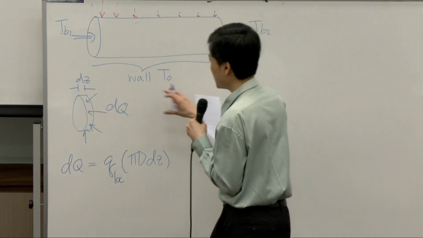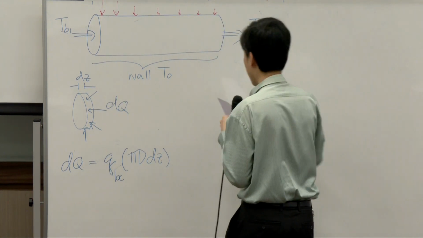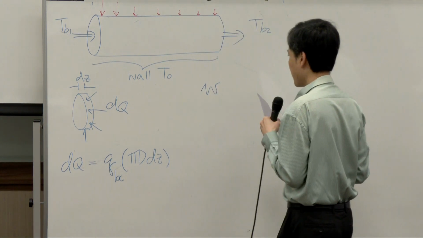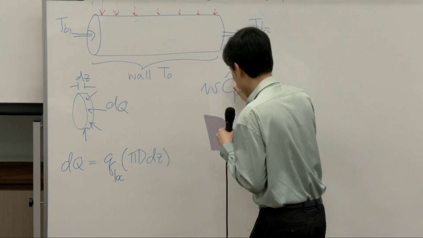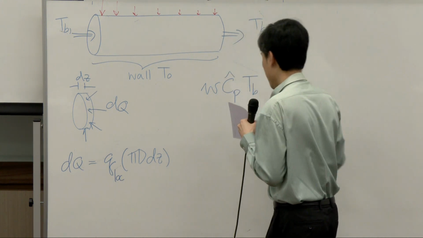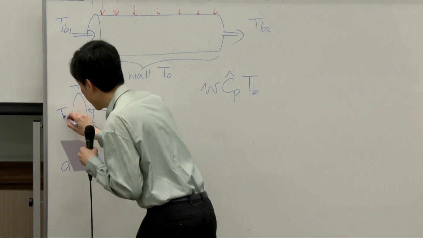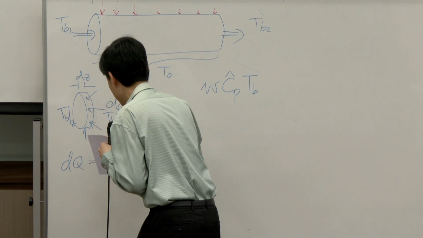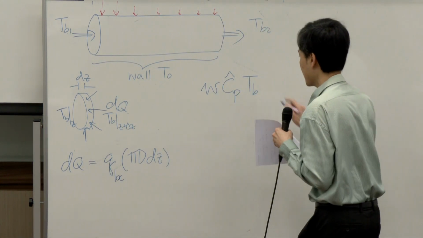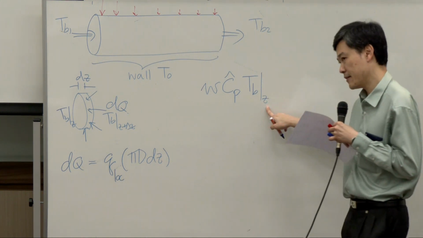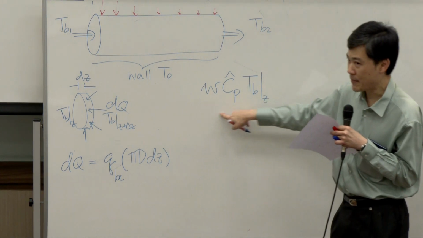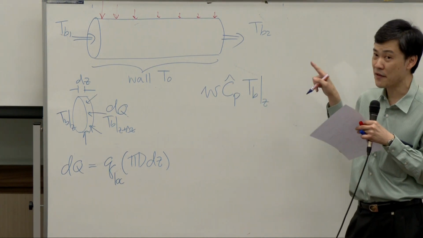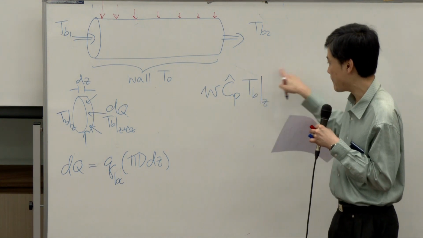Okay? So if I'm doing the shell balance here, I would get energy going into the shell equal to mass flow rate times heat capacity times TB. If this side is TB at Z, that side would be TB at Z plus delta Z. So at the inlet, I have TB at Z. Of course, this looks like thermodynamics because this is heat capacity times T. But actually in thermodynamics, you're supposed to have delta T here.